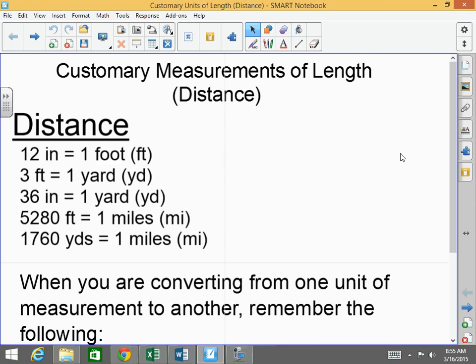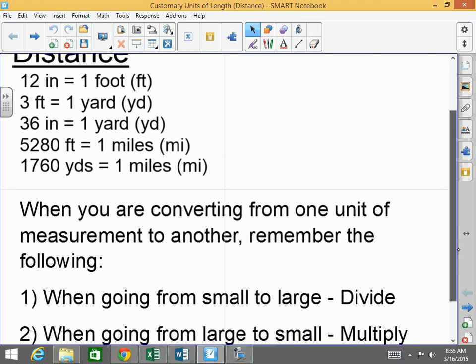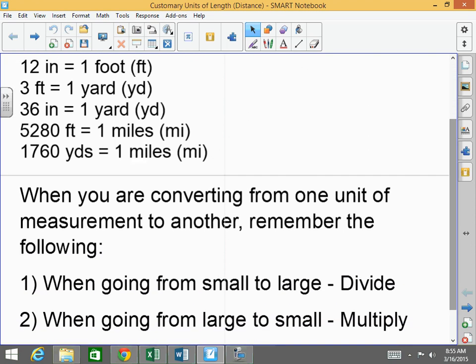Now, the hardest part for most people is converting. And when you are converting from one unit of measurement to another, remember the following, please. When you're going from small to large, divide.